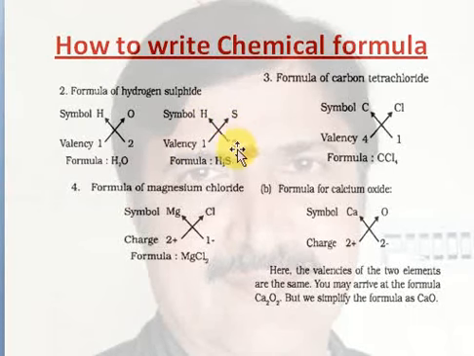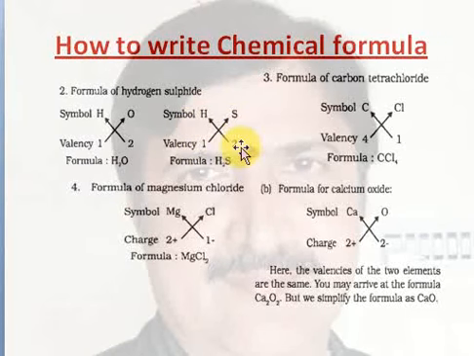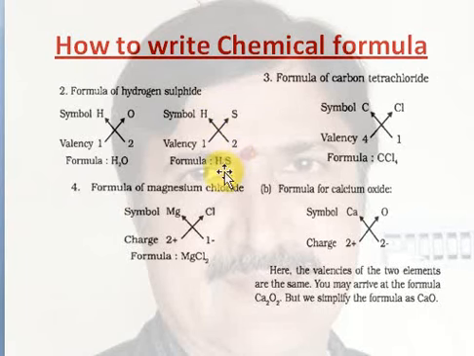This is there in the previous slide. Now interchange it. Writing the valency of hydrogen in front of S and the valency of sulfur in front of H gives H2S. The 2 goes here, the S comes here: H2S. So that is the molecular formula of hydrogen sulfide.